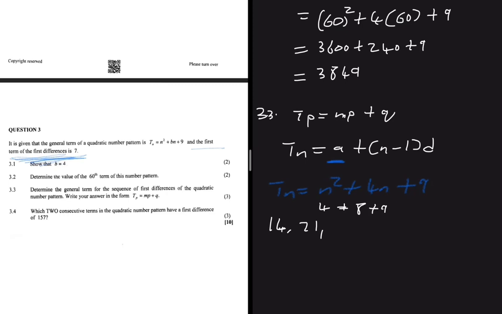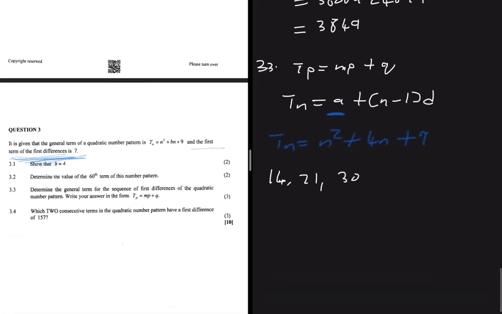And then from there on, let's substitute 3. 3 squared will be 9. So let me erase this and write what I'm supposed to write. We're gonna have 9 plus 4 multiplied by 3, that is 12. So 9 plus 12 is 21, and then plus 9 should be 30. So the third term of the quadratic number pattern is going to be 30.